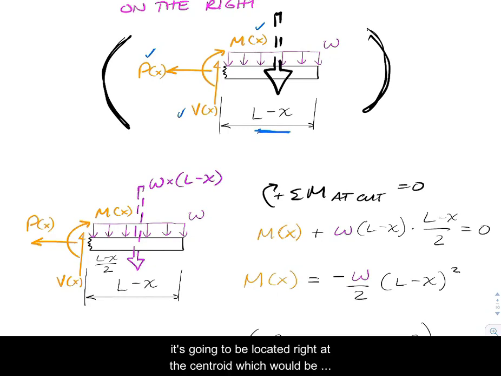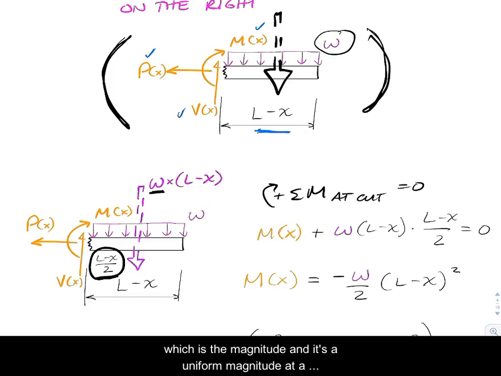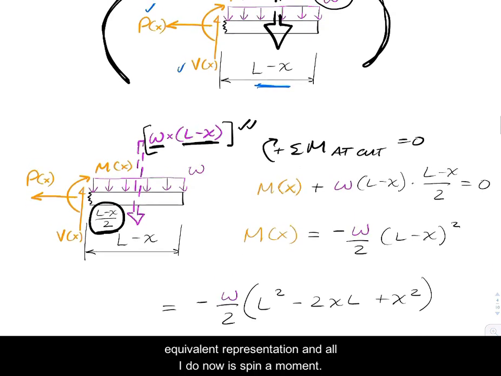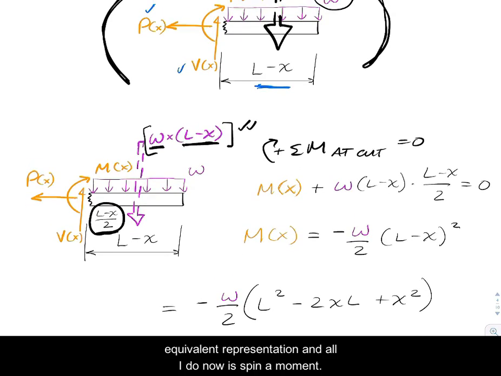It's going to be located right at the centroid, which would be L minus x over 2. It's going to have a value of W, which is the magnitude, and it's a uniform, constant magnitude, so I just have to multiply by the distance. So expressions get a little more complicated here, but that is just a statically equivalent representation. And all I'm going to do now is spin a moment at the cut.